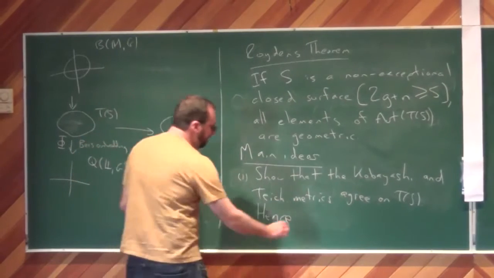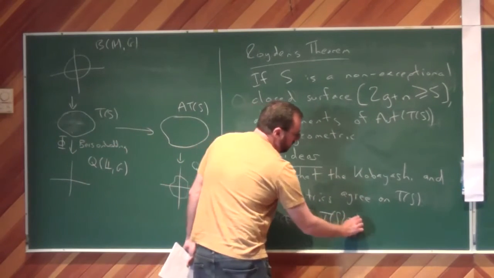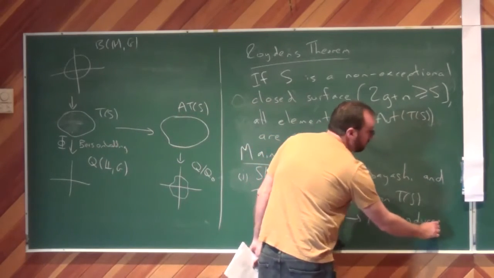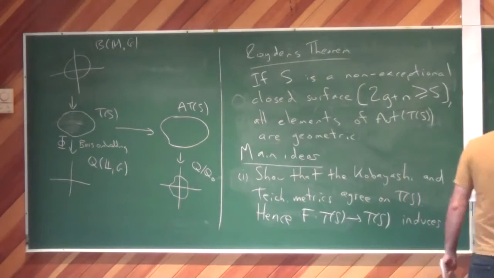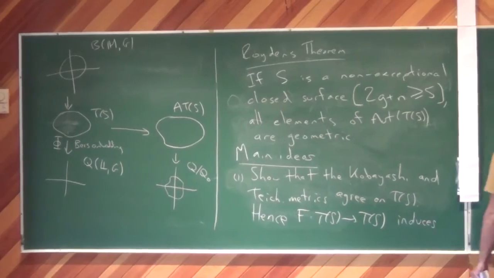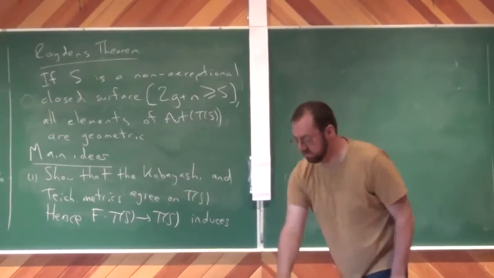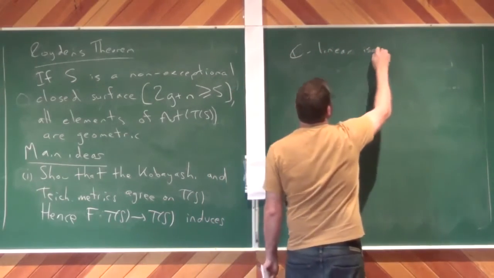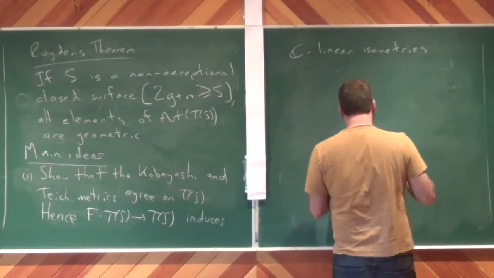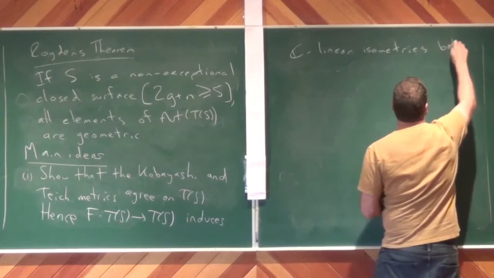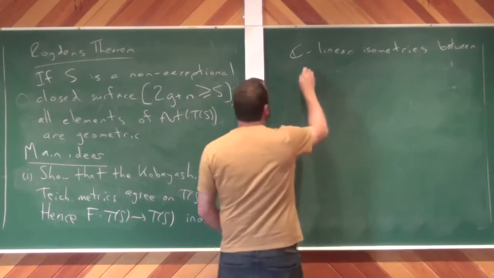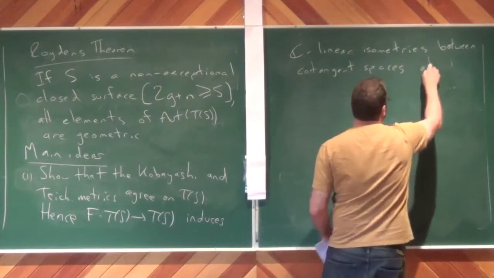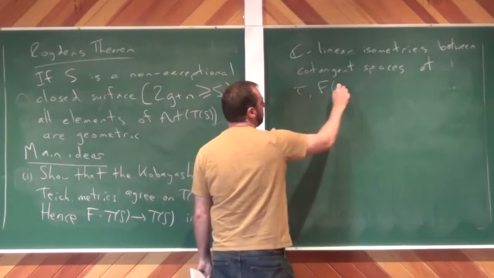So this implies that if you have a biholomorphic automorphism of Teichmüller space, that induces complex linear isometries between the cotangent spaces at, say, tau and f of tau respectively.